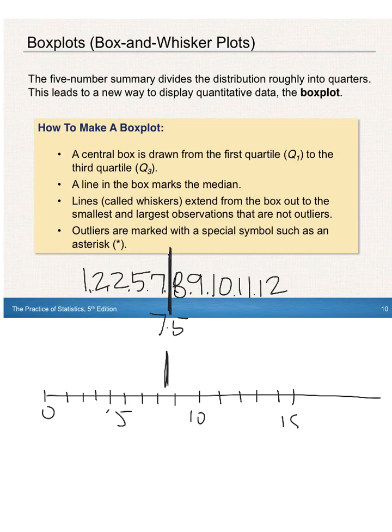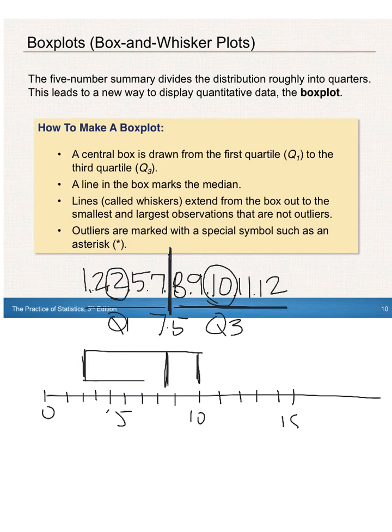And then I'm going to go ahead and look at my upper, and we're going to find the Q3, which is at 10, and our Q1, which is at 2. Here is my box, and this is my interquartile range, right? And then we go ahead and go out to 12.